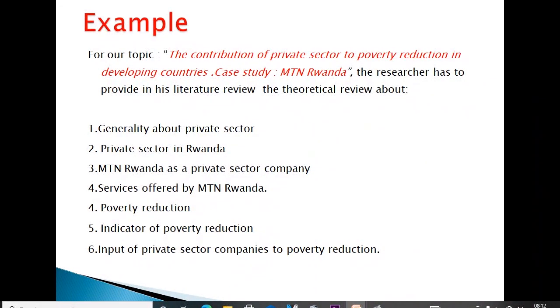He must present the dependent variable, which is poverty reduction, present indicators of poverty reduction, and the input of private sector companies to poverty reduction.